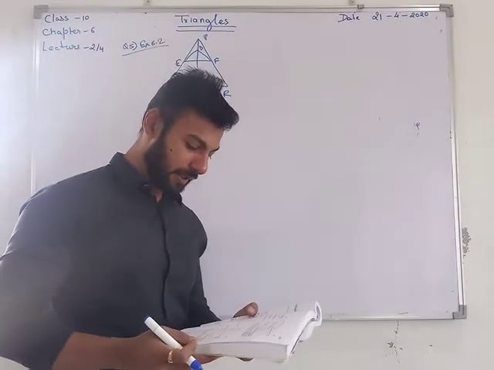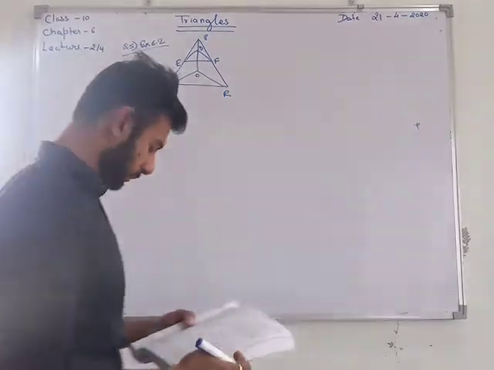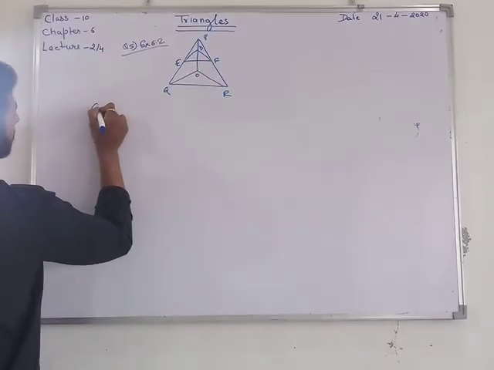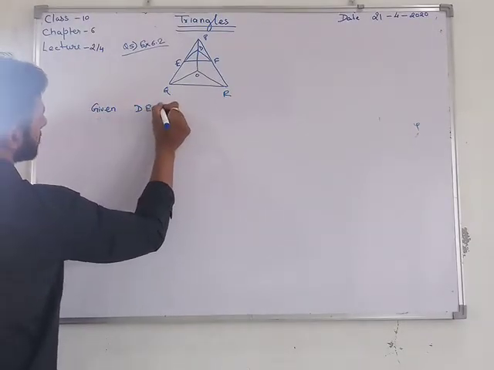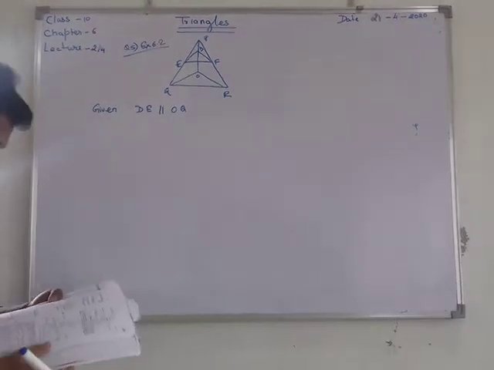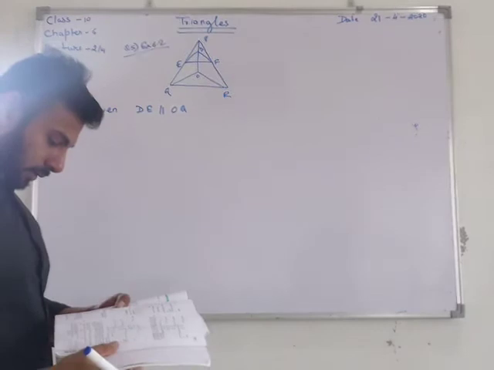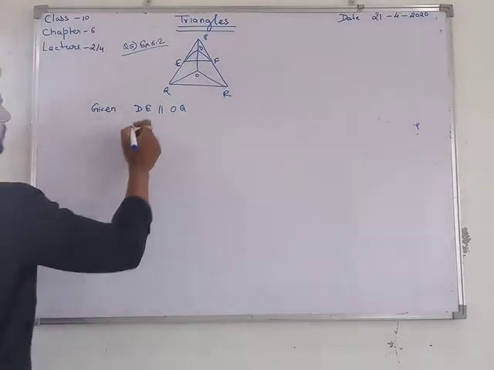Now question says that in the given figure DE is parallel to OQ, and DF is parallel to OR.